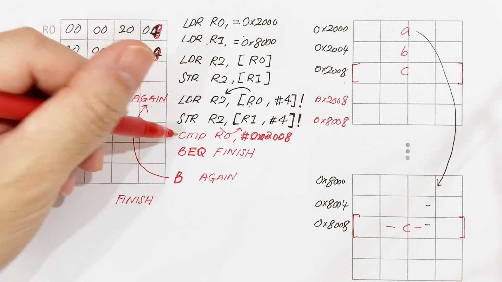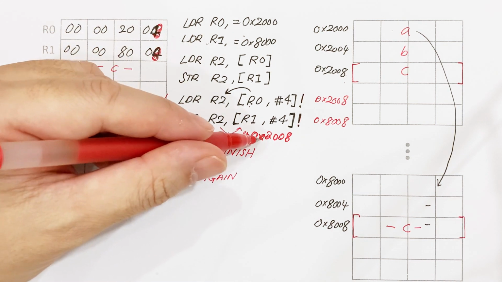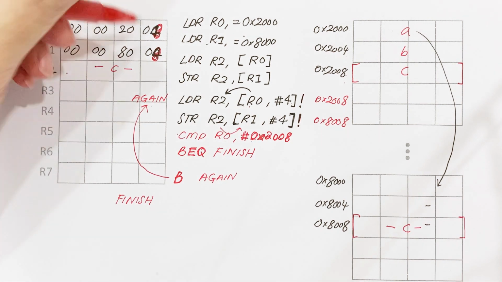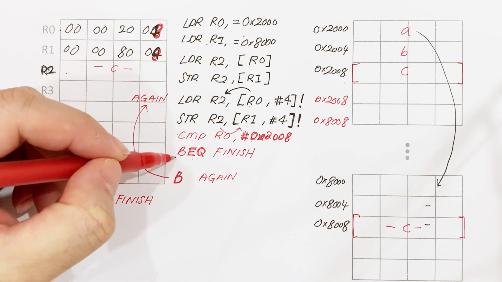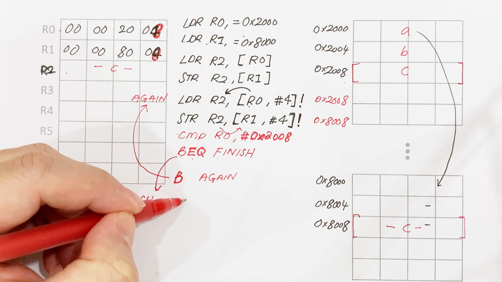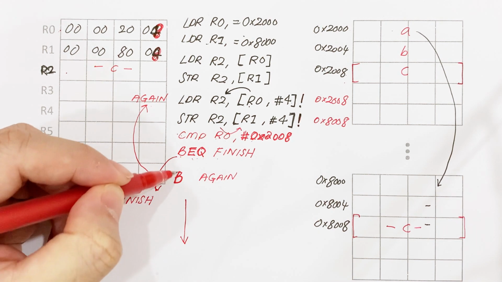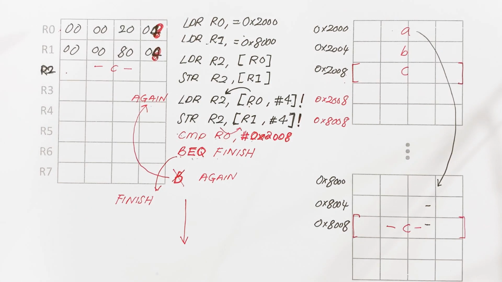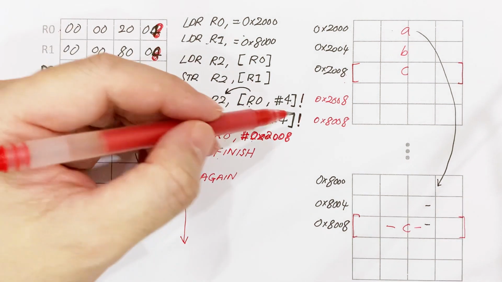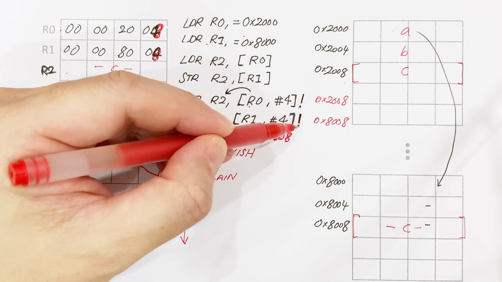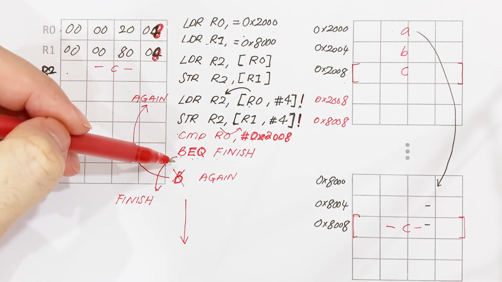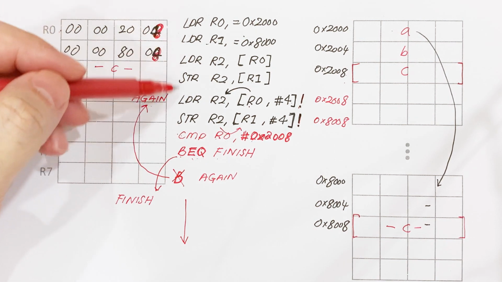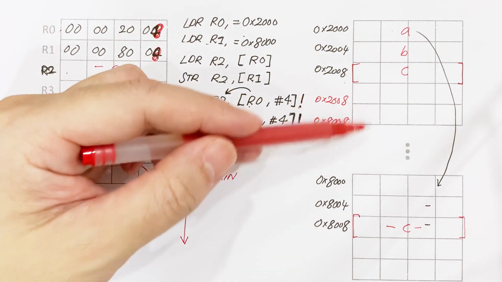As long as R0 is equal to 2008, which is our case now, the processor finds out that it is supposed to jump to finish. Of course it will continue whatever code you have down there, but the branch will not be triggered anymore. So as you can see, with the new pre-index addressing mode, we really simplify the code as compared to what we did last video to achieve a similar operation.